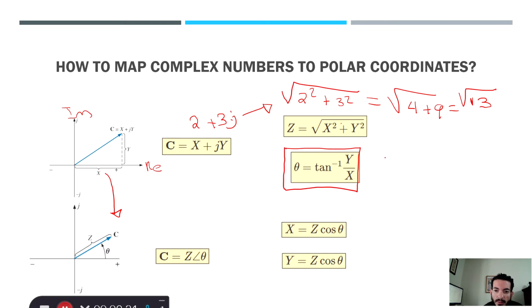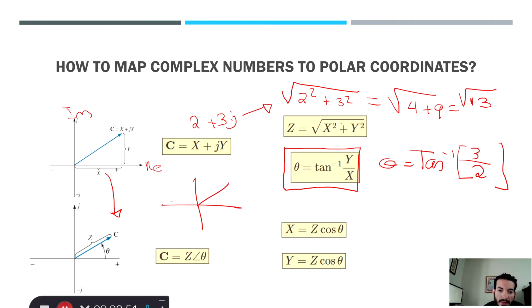So in our example, the angle is going to be inverse tangent of y, which is 3, over 2, which is x. You compute that in your calculator, and that gives you the angle. So you can represent that number with a magnitude, which is z, and an angle, which is theta, based on your tangent -1. Okay.